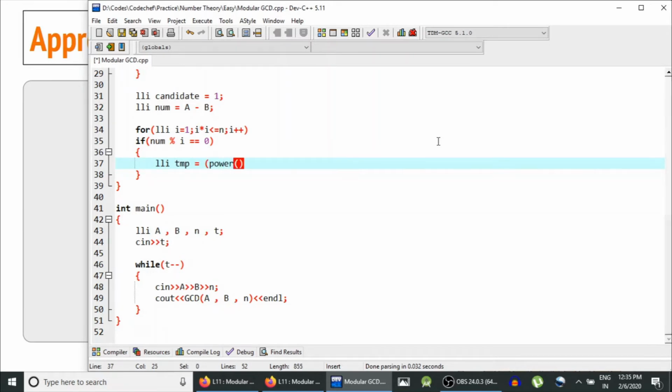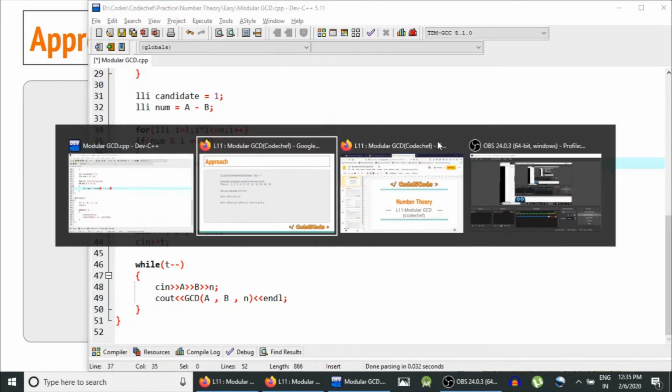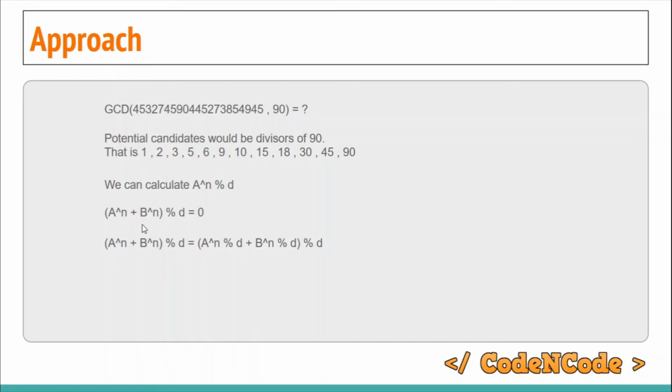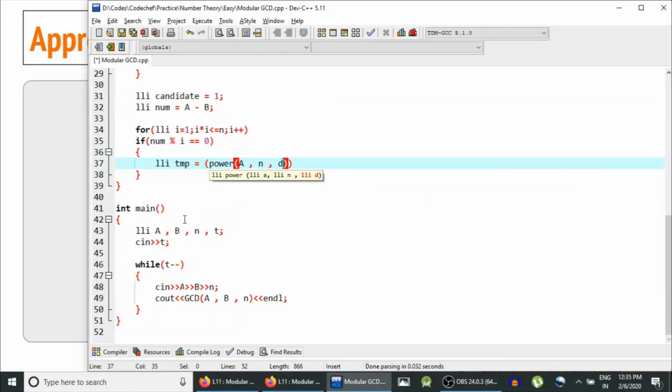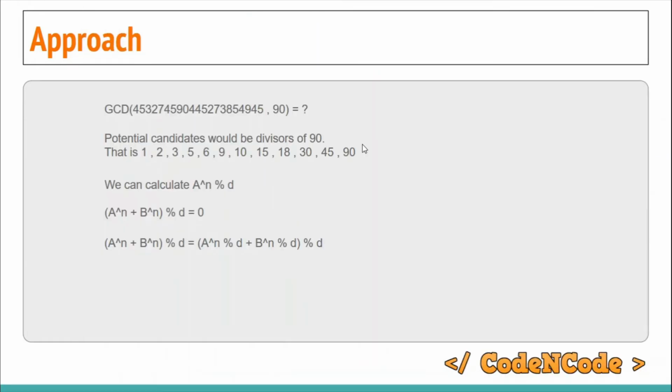We will calculate the power a raised to power n, but this time modulo d. And why is that so? Because as explained earlier, since i is the current divisor of this number, we have to see whether a raised to power n modulo i plus b raised to power n modulo i leaves 0 remainder or not.